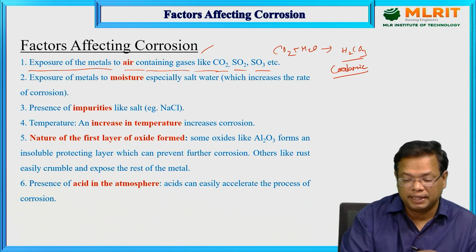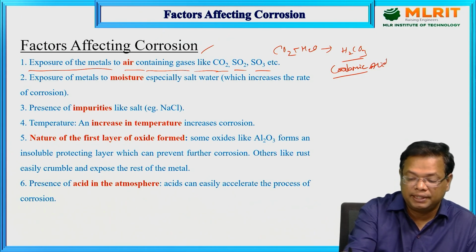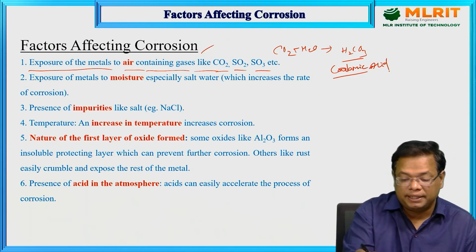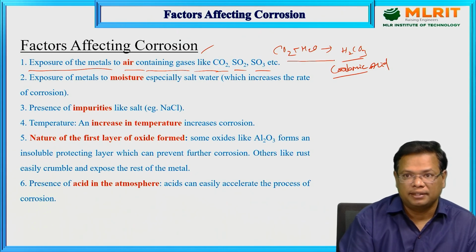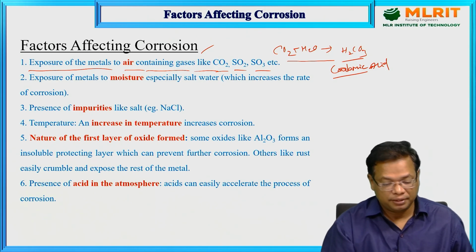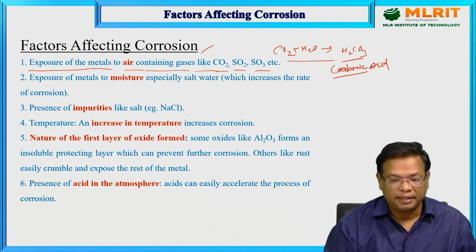This is the carbonic acid which reduces the pH to between 5 and 3. So this will cause the rusting of iron or any metal surface. Because of CO2 also, we are going to get rusting.